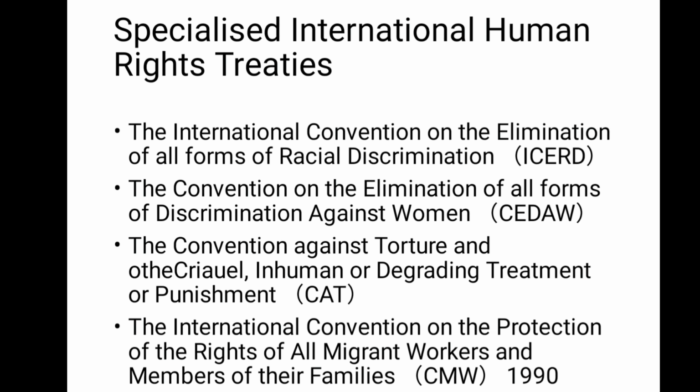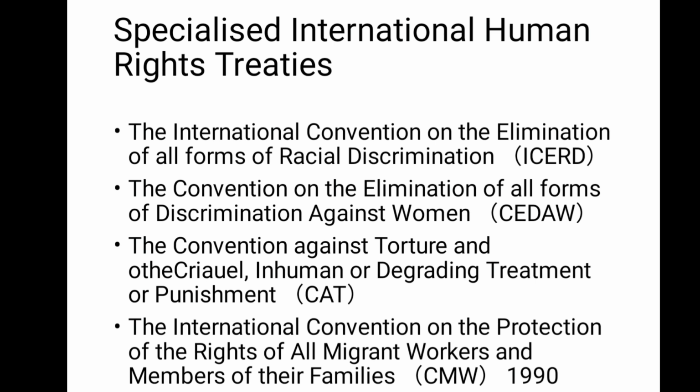This convention actually applies during the entire migration process of migrant workers and members of their families, which comprises preparation for migration, departure, transit, and entire period of stay and payments in the state of employment, as well as return to state of origin or state of habitual residence.